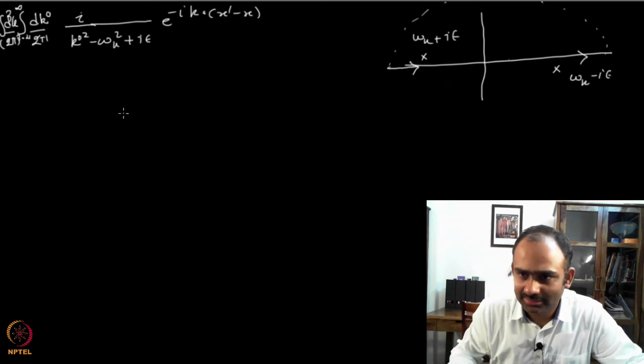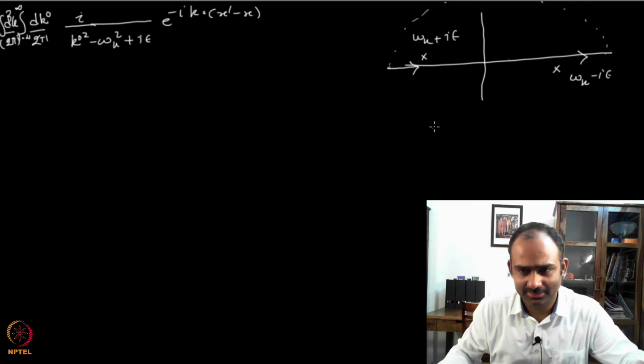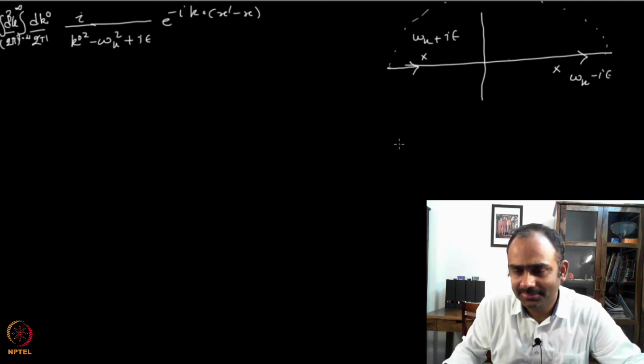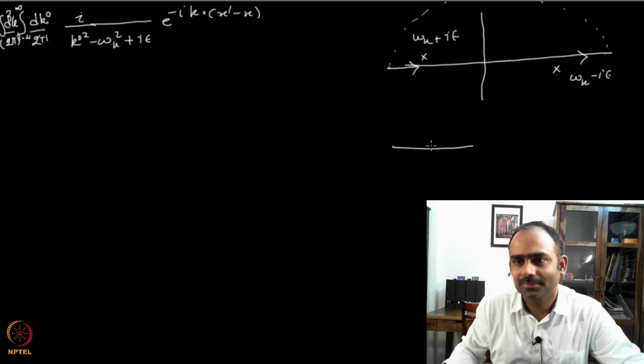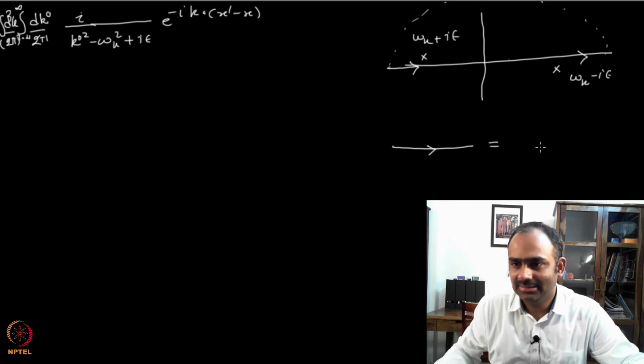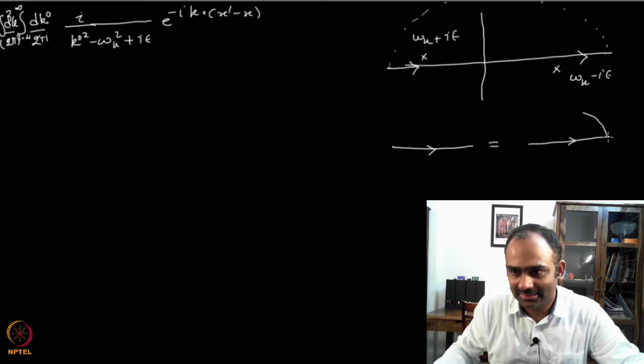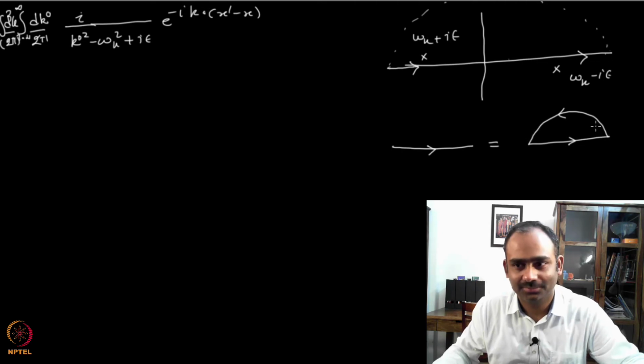So, let me repeat what I am trying to say. I am saying that the integral over this real axis I have drawn here is the same as the integral over this plus the integral over the semicircle, provided the contribution you get from the semicircle is 0. If it is not 0, then you cannot write these two as the same, right.